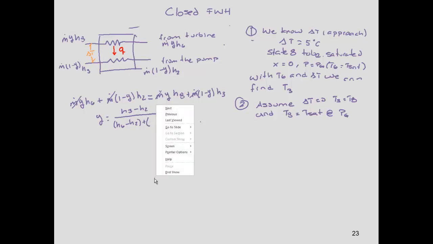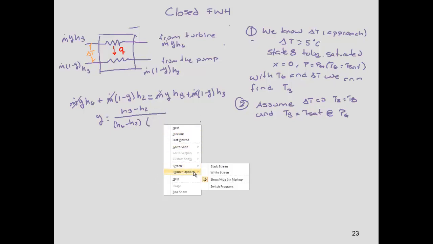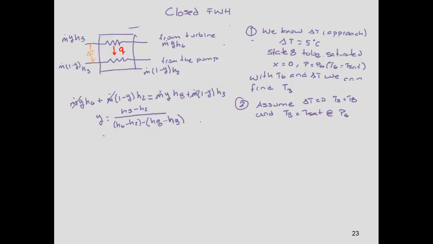This is minus H8 as H3. Again, with this y, we can assure that we have saturated liquid here.